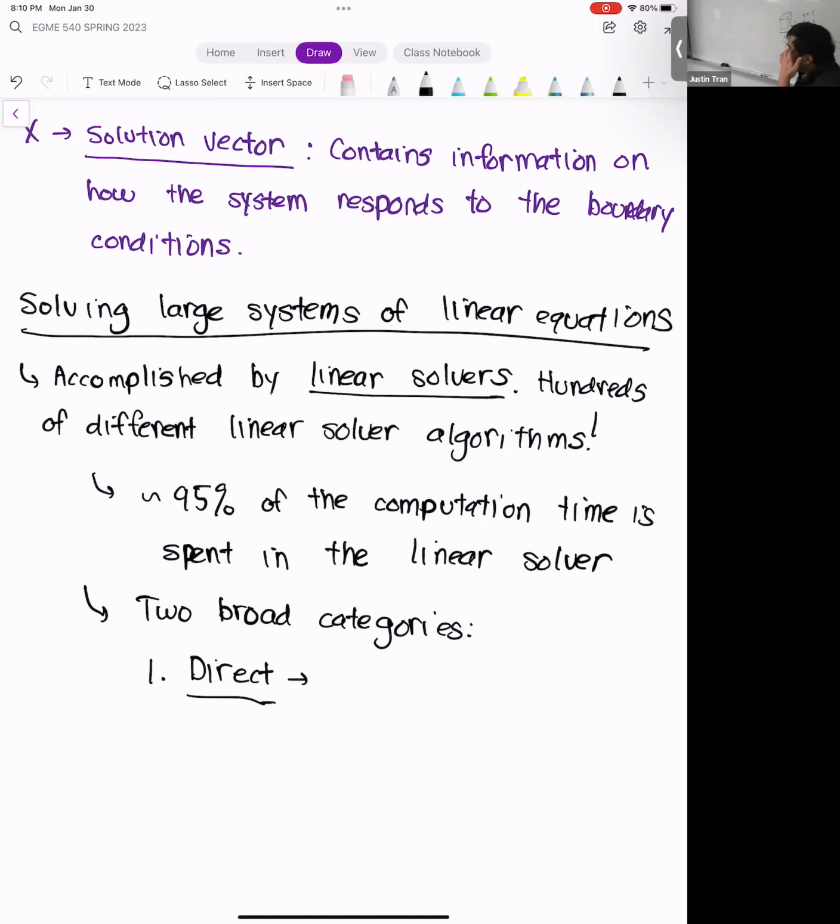A direct solver is basically a computer's version of how you would solve a linear problem. It generally finds you an exact, or pretty much exact, solution to the linear system.